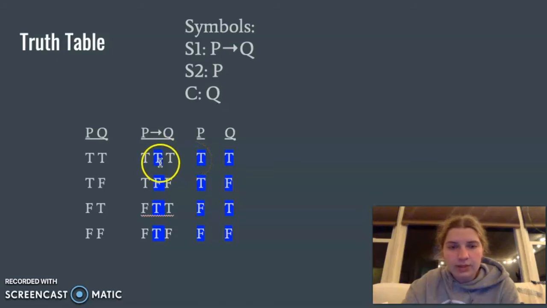In row 1 we see true, true, meaning that's good, equivalent. But we run into the issue where rows 2, 3, and 4 are not equivalent, because we have false, true, true, false, and then true, false. Meaning that S1 and S2 are not equivalent to each other, because they all have to be the same truth values in the rows.